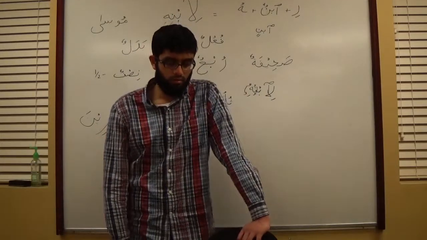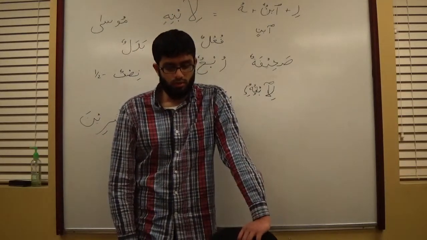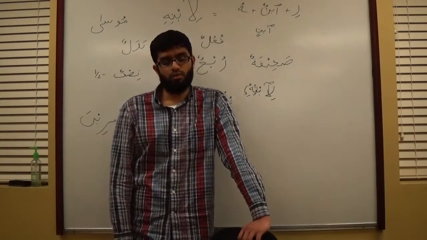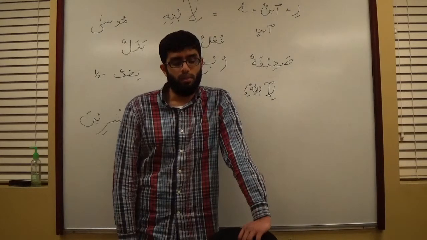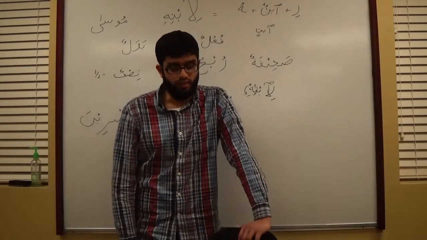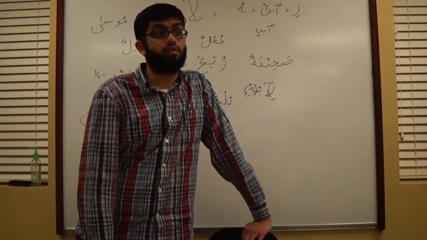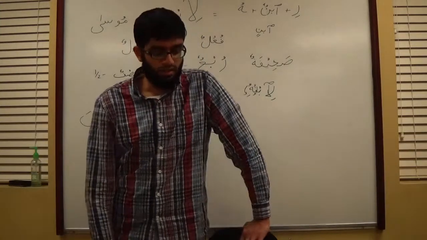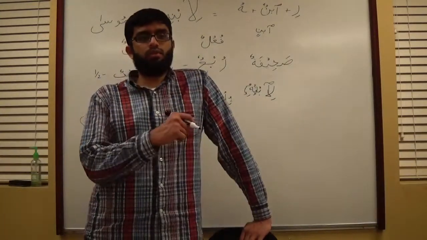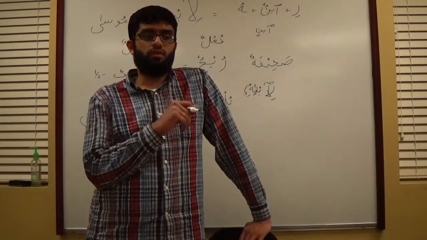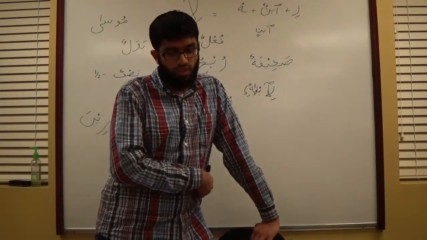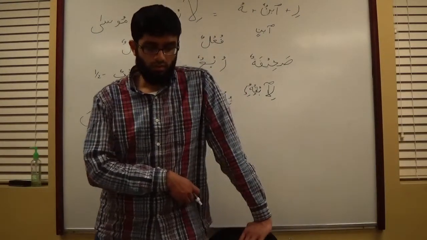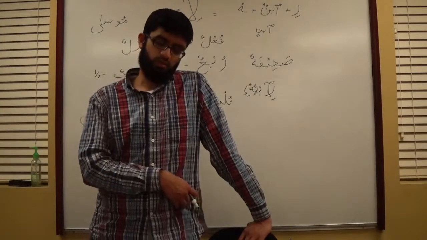So nisfi is half. He goes at... So what's ساعة في التاسعة? That's not 8 o'clock, it's 9 o'clock. ثامنة we said was 8, so التاسعة is 9. ونصف, 9 and a half. So nisf is always half. So في الساعة التاسعة ونصف, he goes at 9:30, basically what we would say.